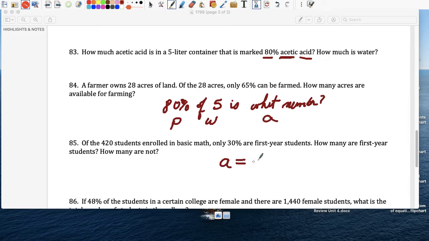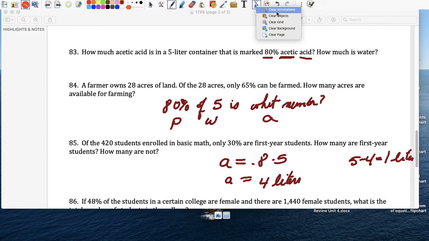So I'm going to write 0.80 times 5, and 0.8 times 5 equals 4. So 4 liters are acetic acid, and then 5 minus 4, the difference, so we have 1 liter in that bottle that is made out of water.